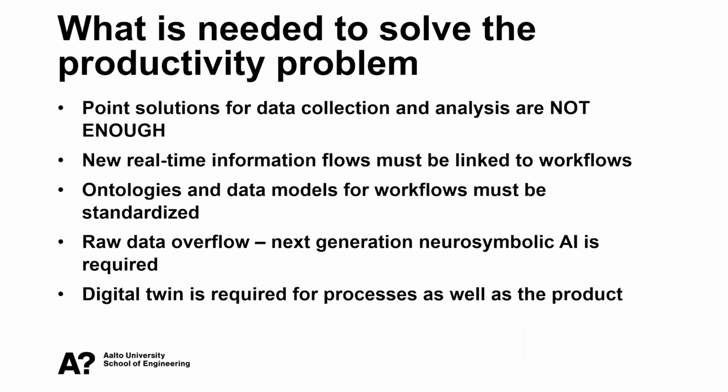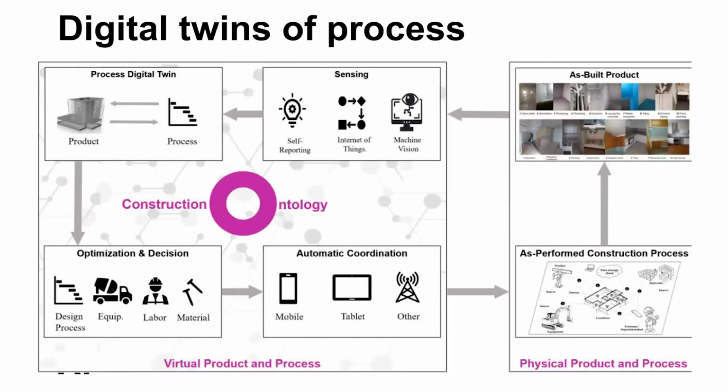And digital twin is now a hot word. We should expand the concept of digital twin from just the product to also processes. So we have some planned theoretical process, and then we have the actual process. And the actual process should be constantly compared with the planned process.